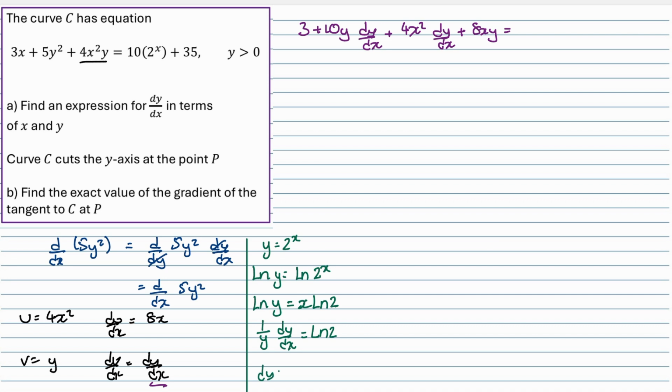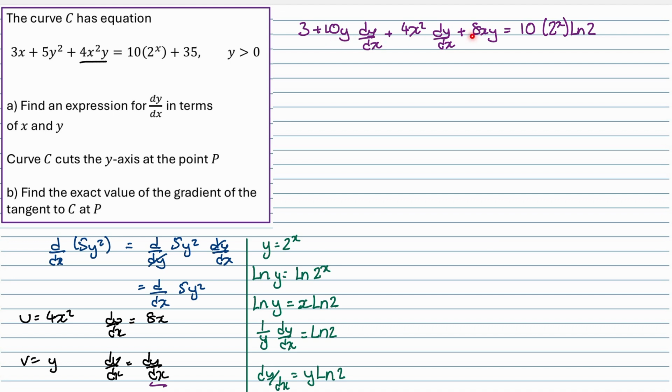So dy by dx, we'll move this y over to the right-hand side, and we'll have y ln 2. But we know that y is actually 2 to the x. So what we'll get is 10 lots of the y term, 2 to the x, multiplied by ln 2. And when you differentiate 35, that's a constant, so that will just go.